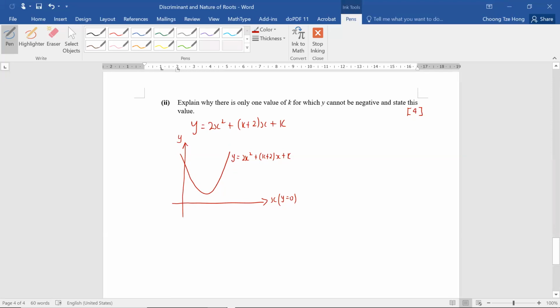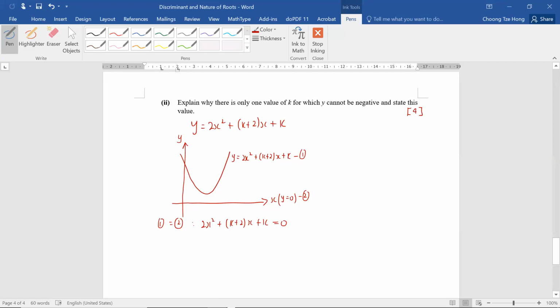So when you try to equate the equation of the curve to the equation of the x-axis, this will be equation 1, this will be equation 2. When you equate 1 and 2 together, you will get 2x squared plus (k plus 2)x plus k equals 0.